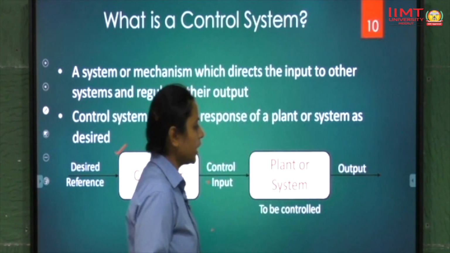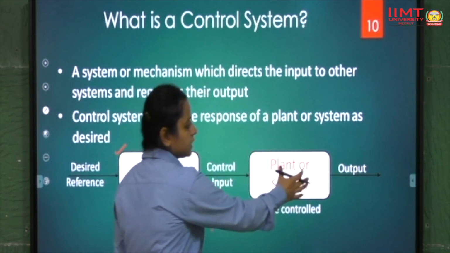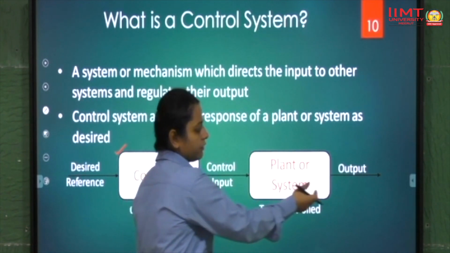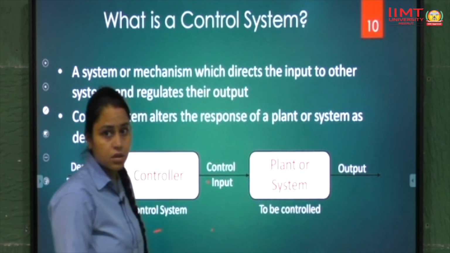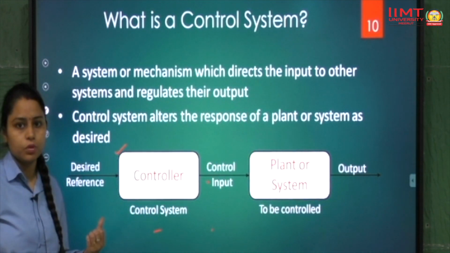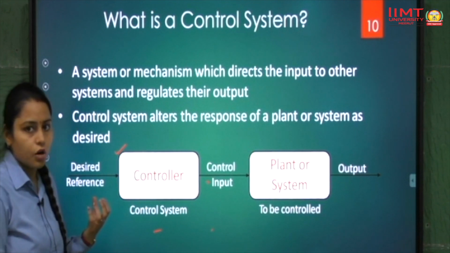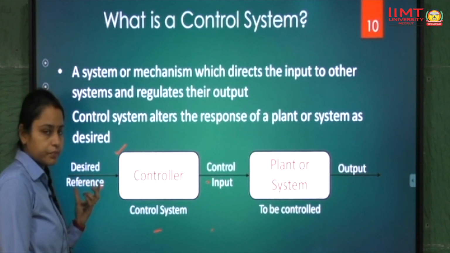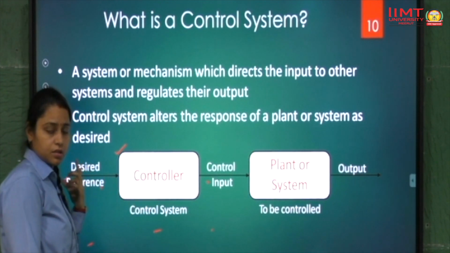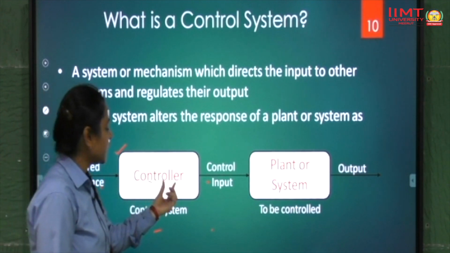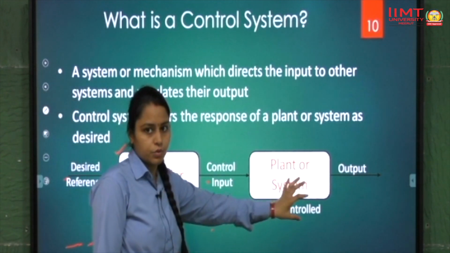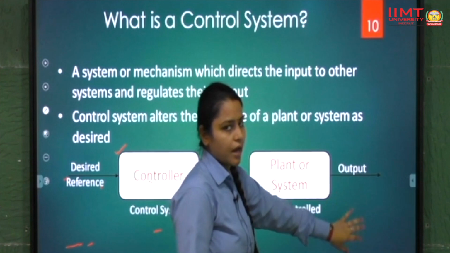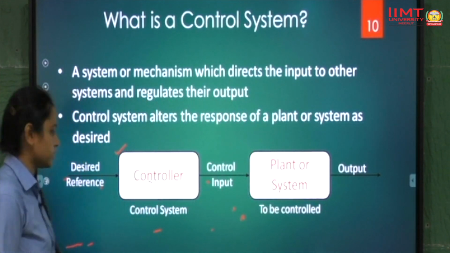In a normal system we simply have this plant or system, we have input and then we get output, but in a control system we need to have a desired output. We want a fixed output, so we give a reference input to a controller, we get some controlled input and then we give it to the system, and then we get the desired output. So this is called the control system.